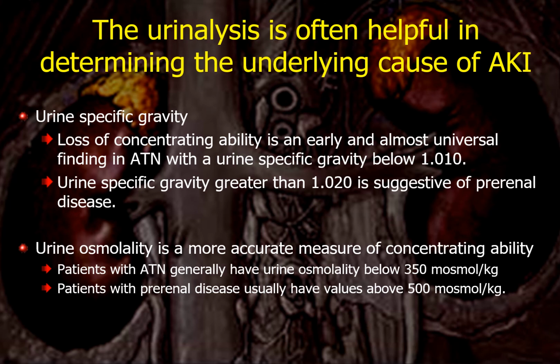If the urine-specific gravity is greater than 1.020, it is suggestive of prerenal disease. Another thing to look for is the urine osmolality. This is a more accurate measure of concentrating ability of the kidney. Patients with acute tubular necrosis generally have urine osmolality below 350 milliosmoles per kilogram, while patients with prerenal disease usually have values above 500 milliosmoles per kilogram.